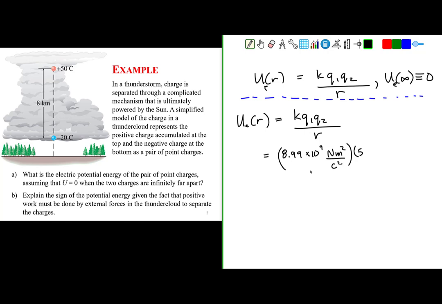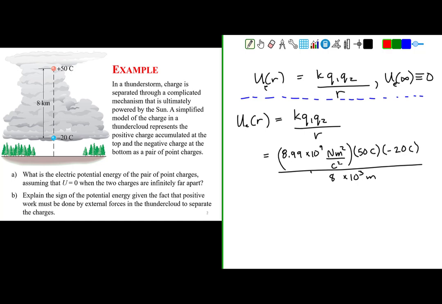Charge 1 is 50 coulombs of charge. Charge 2 is minus 20 coulombs of charge. And this is divided by the separation distance of 8 kilometers, so 8 times 10 to the 3rd meters.